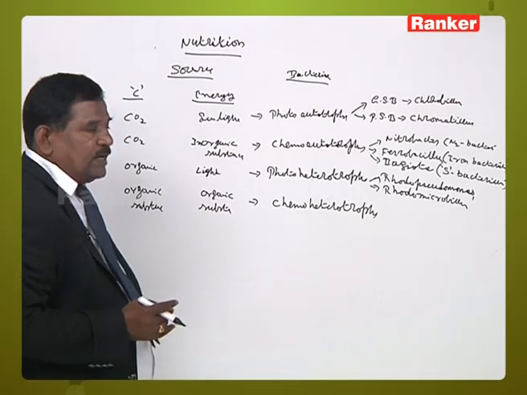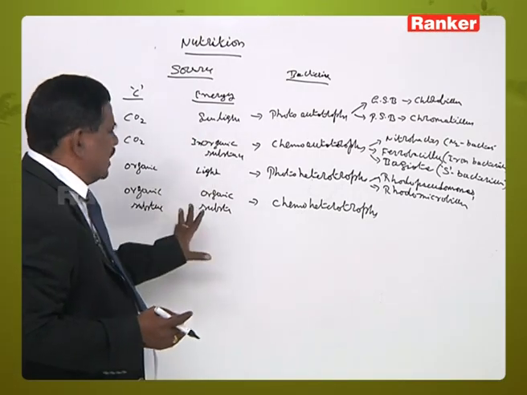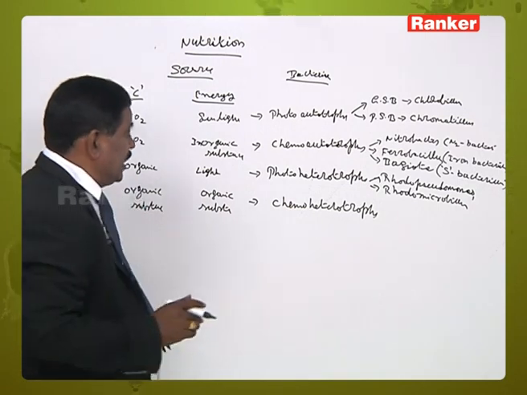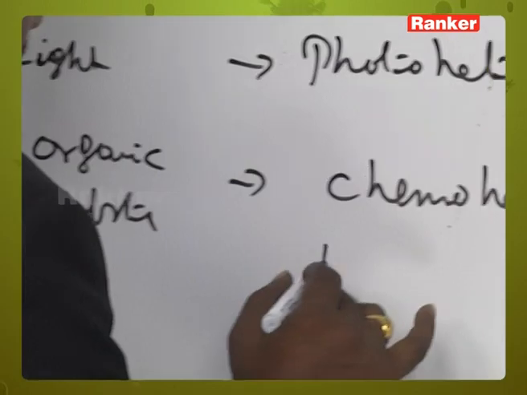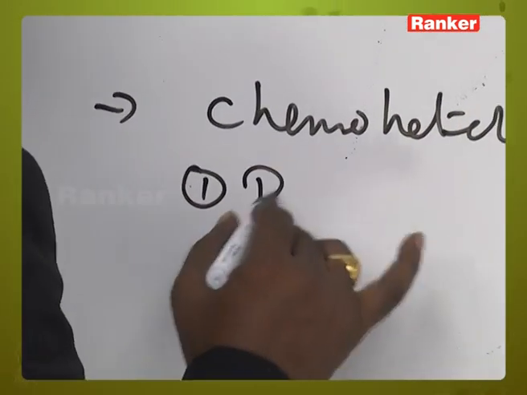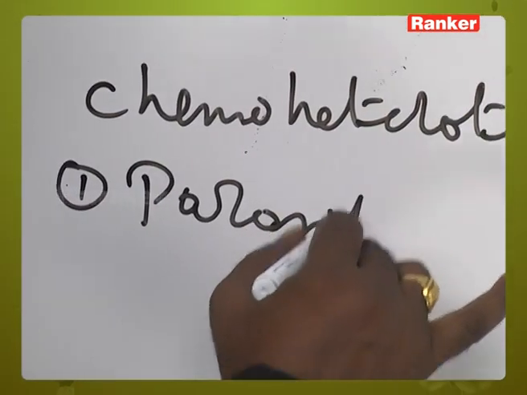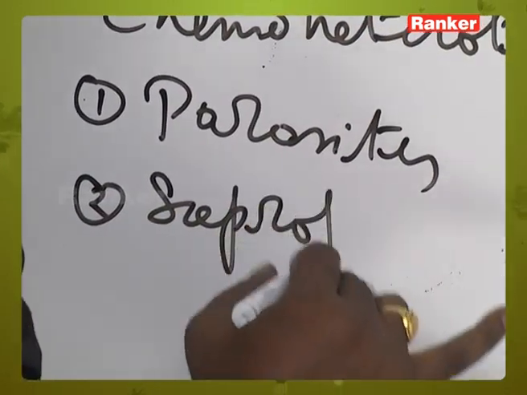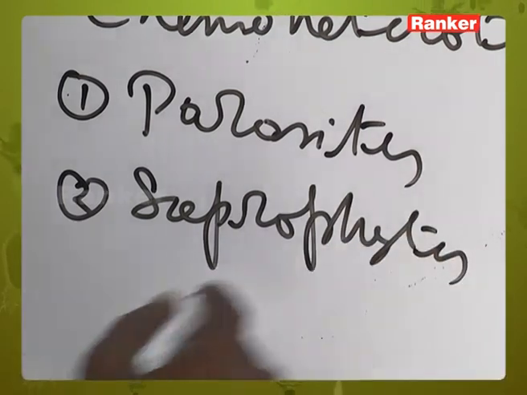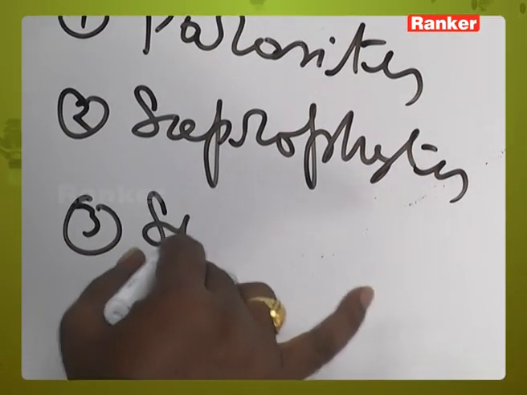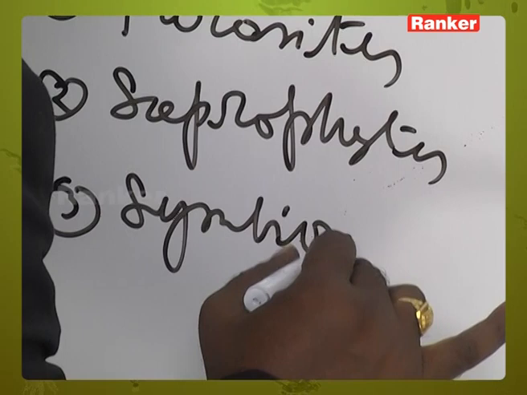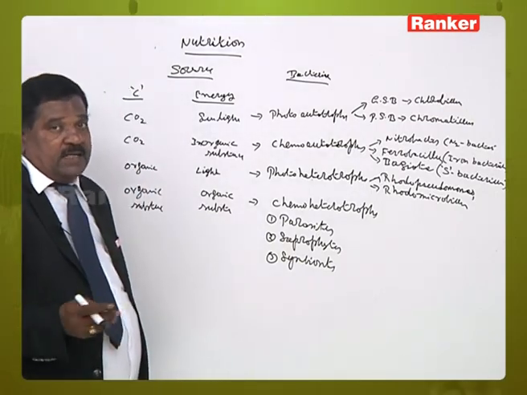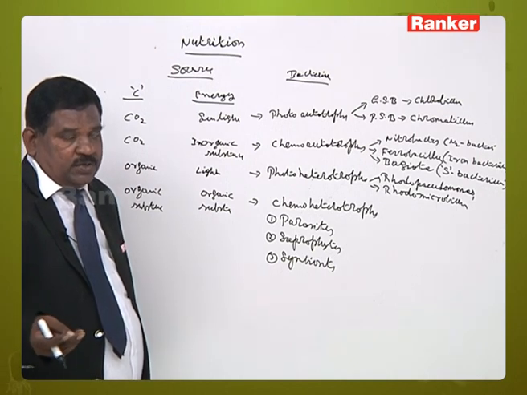And those that obtain both energy and carbon from organic substances are chemoheterotrophs. Chemoheterotrophs are again of three types: parasites, saprophytes, symbionts. Parasites cause diseases to the host.